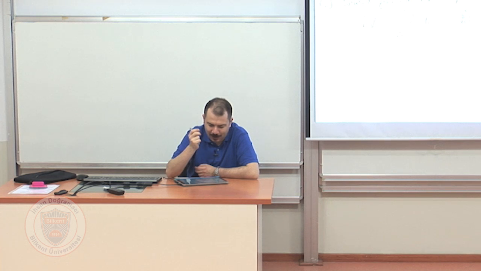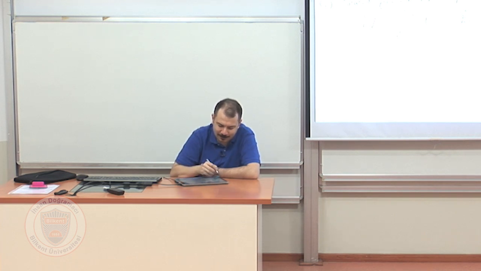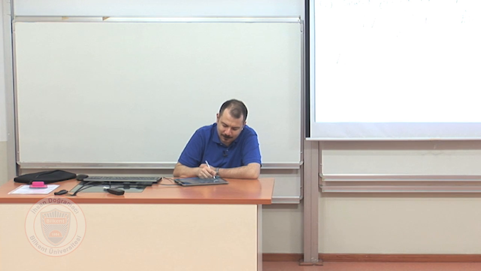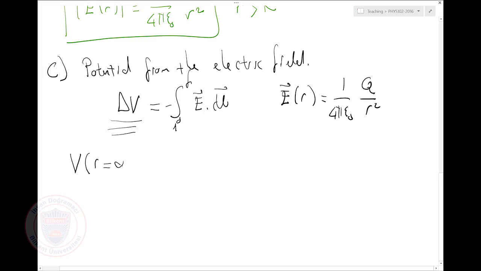So I need to fix some reference point. And I'm going to say this charge is in a limited region. It should have no influence at infinity. So when I go infinitely far away from my charges, the potential is 0.